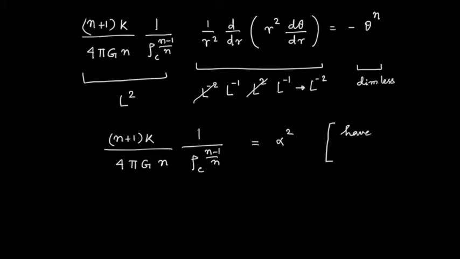This has a dimension of L square, length square. And then I define further a dimensionless radius, if you wish, which is xi equals r by alpha. Xi is dimensionless.